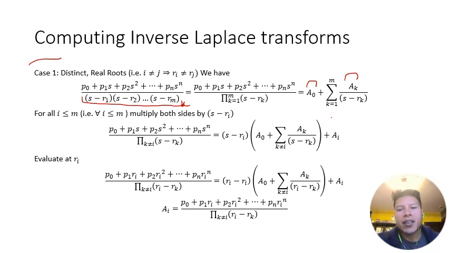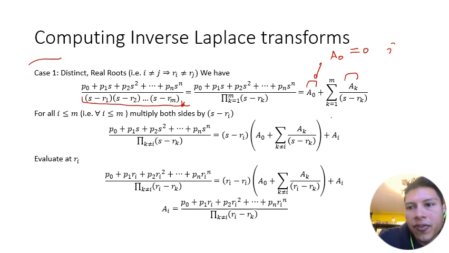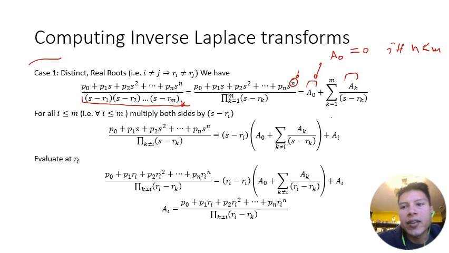The first thing I'm going to tell you is that A0 will be equal to 0 if n is less than m. So if the order of the polynomial in the numerator is less than the order of the polynomial in the denominator, A0 is 0 and you don't even need to include it. If n is less than m, you don't even have to worry about it.